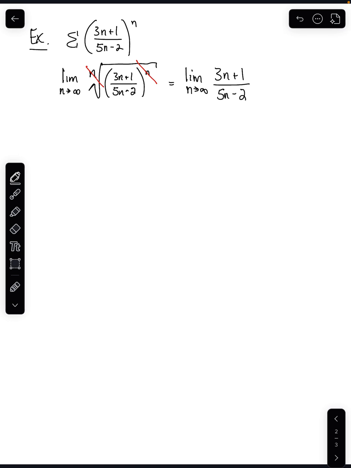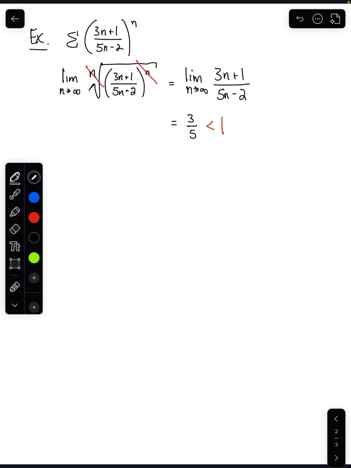And this is actually very easy to deal with, again, through L'Hopital's rule, or through multiplying numerator and denominator by 1 over n, or simply the fact that both are degree 1 polynomials, so it should approach the ratio of the lead coefficients. This is a value less than 1, and therefore, by the root test, this converges.